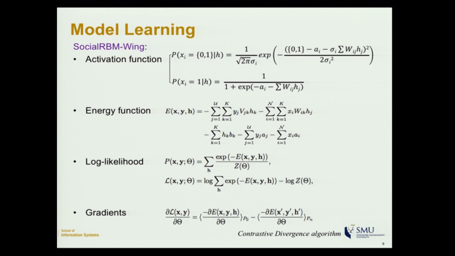In this algorithm, at each step we try to minimize the difference between the data and the model expectation. For the model's expectation, you can use Gibbs sampling to approximate it. Now, about the model inference.